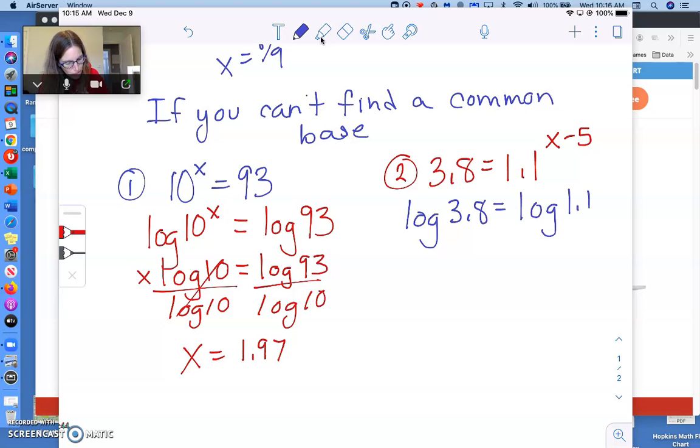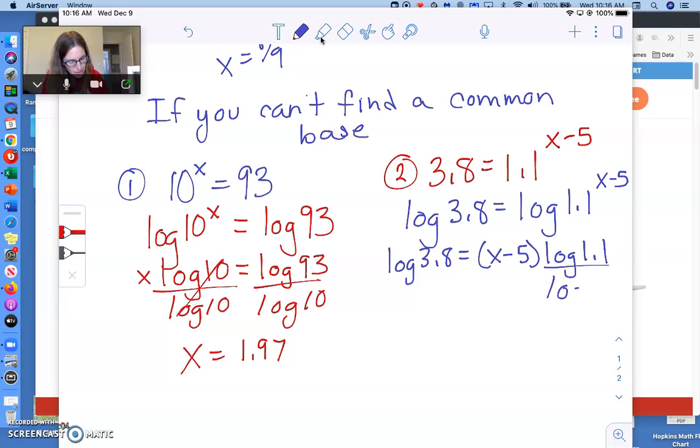Log of 1.1 to the power of x minus 5. I'm going to bring that exponent out in front, but since there's more than one term in the exponent, I'm going to put that in parentheses. Now we could distribute, or I could say, okay, I'm going to divide by log of 1.1.